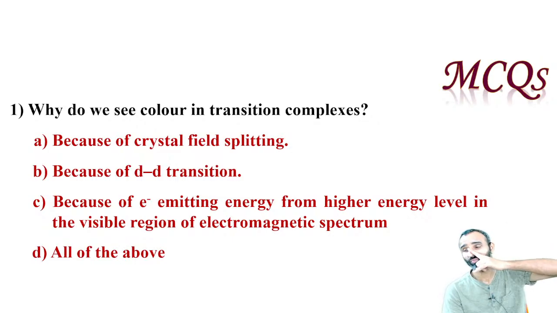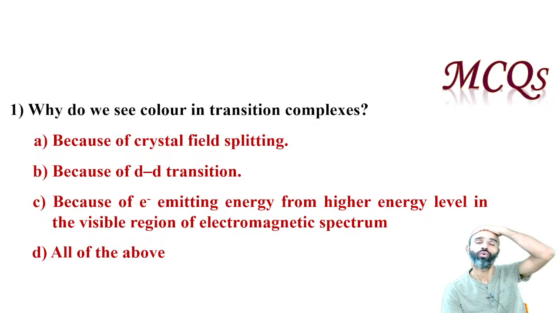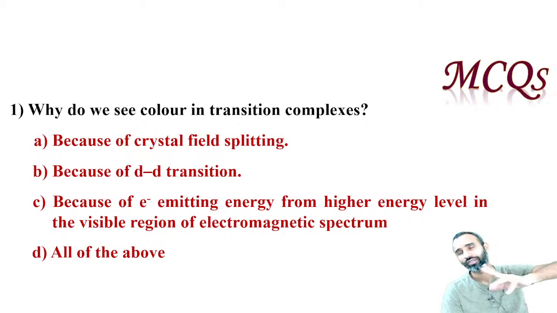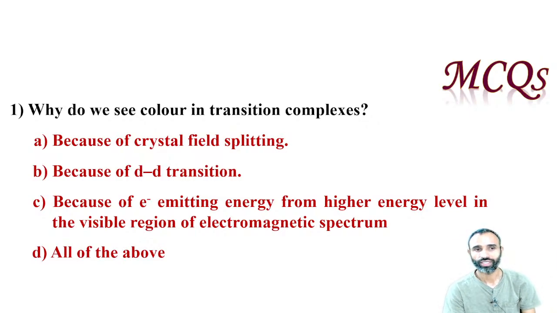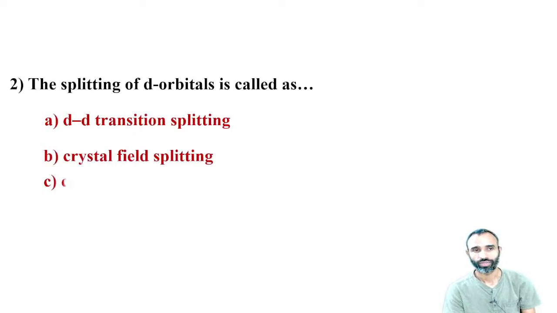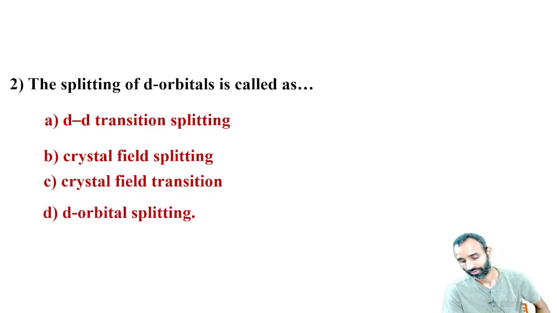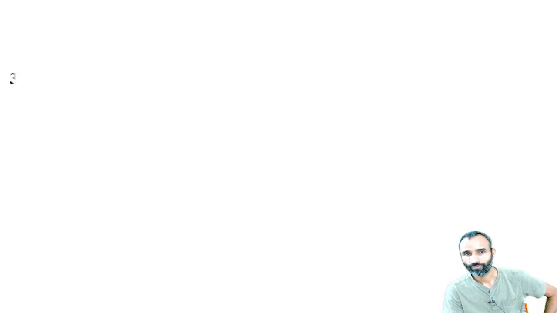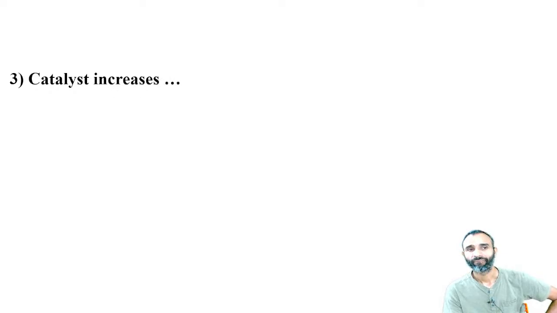If there is no medium, no solvent or no ligand at all, there is no d-d transition. Splitting of d orbitals is called crystal field splitting.